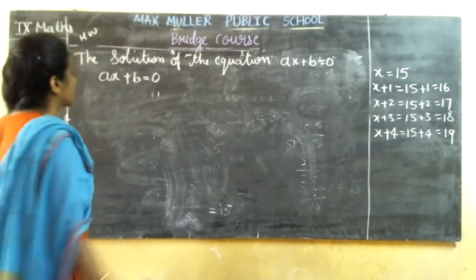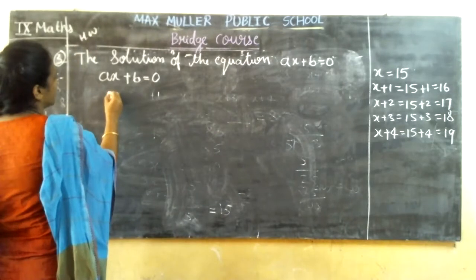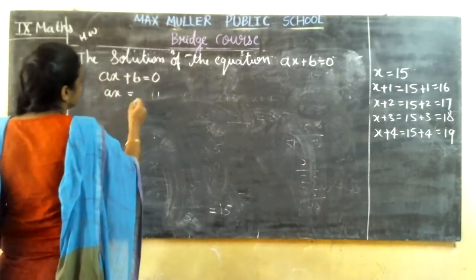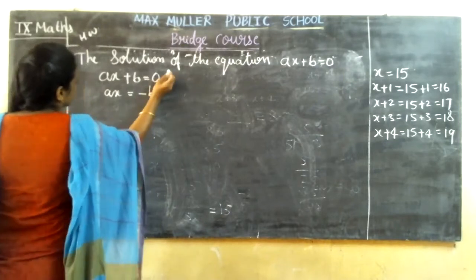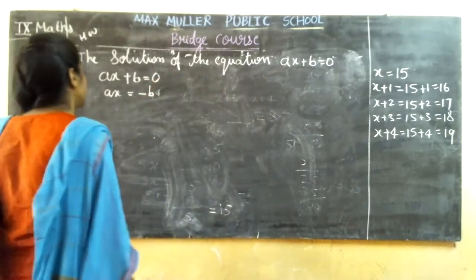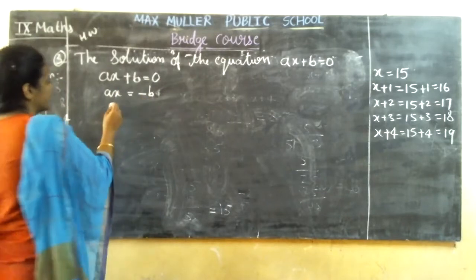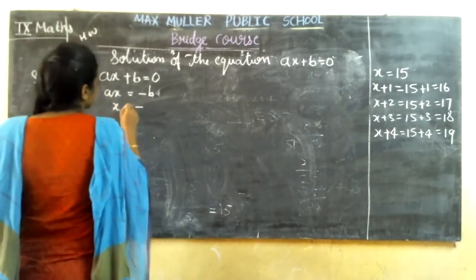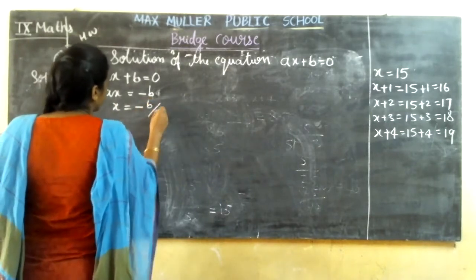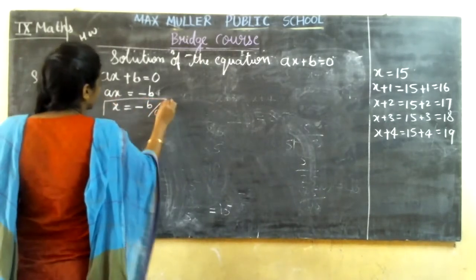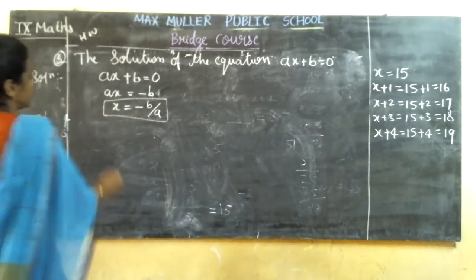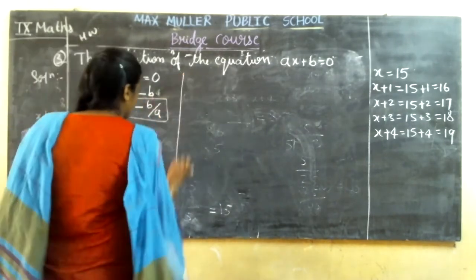First we'll take b from this side to the other side, that is LHS to RHS. Here it is a plus, here it becomes a minus. So keeping x as it is, it will become minus b by a. Minus b by a. This is how you need to solve this.